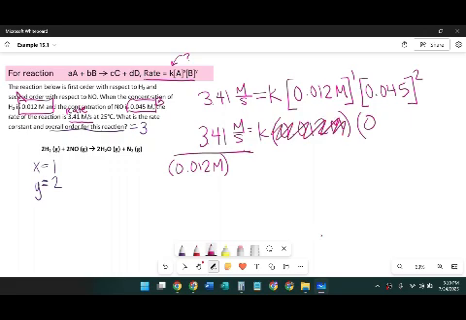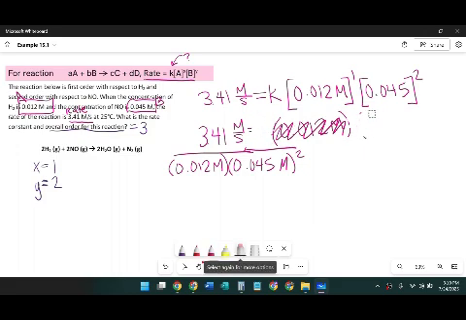And then I'm also going to divide it by 0.045 M squared. Oh, I forgot to put my M. And to clean this up a little bit, I'm going to move my K over since my fraction bar went a little bit too far there.